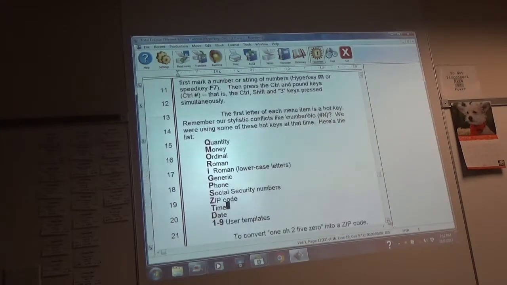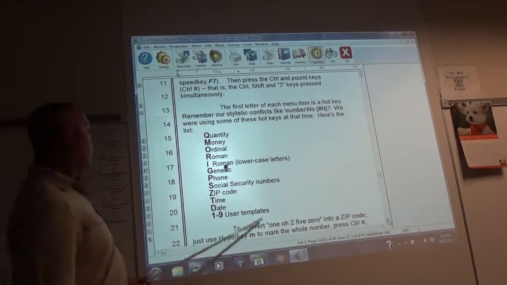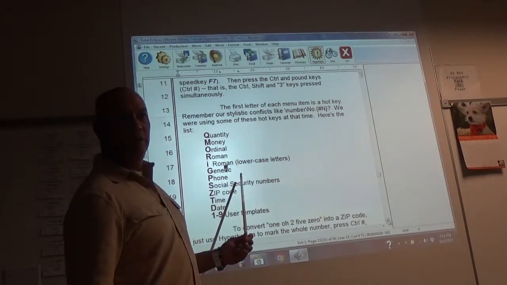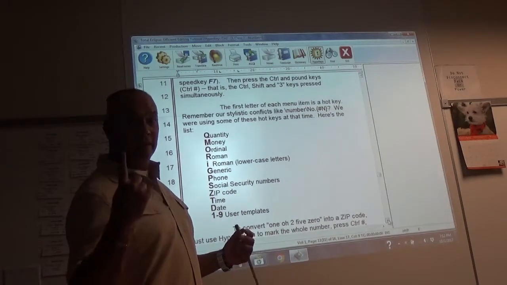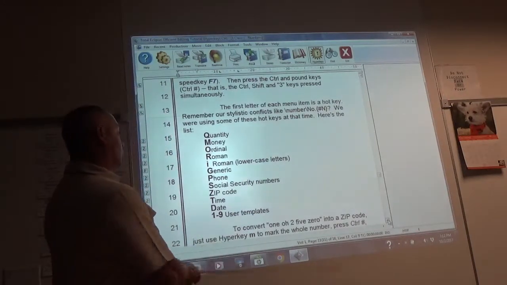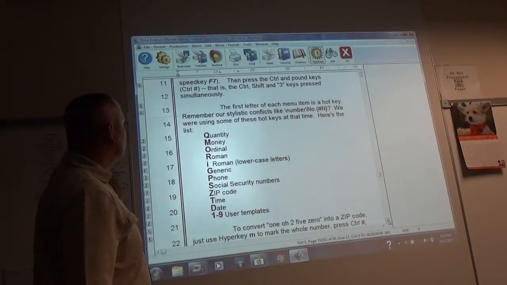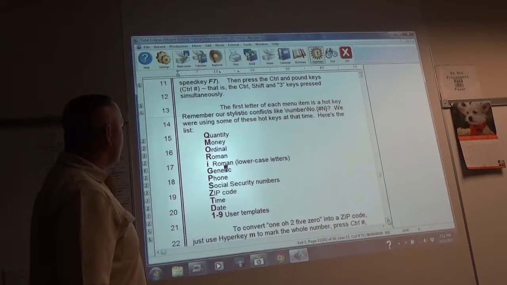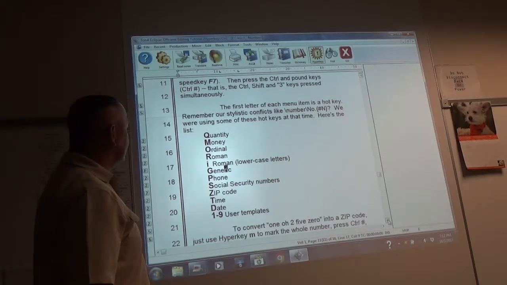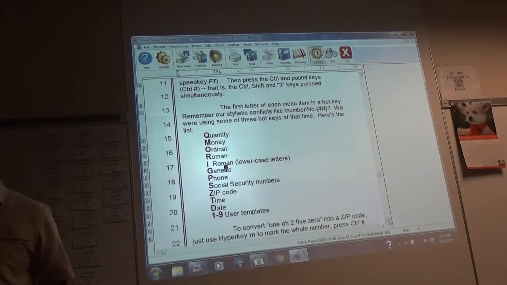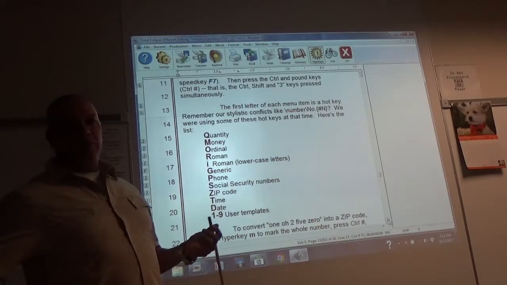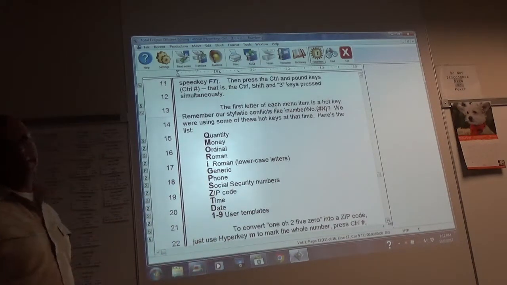So I don't know what they're talking about there on the I, because I is up. So I'm not quite sure what they're doing there. I don't know. But social security numbers, zip code, time, date, phone, generic, okay?